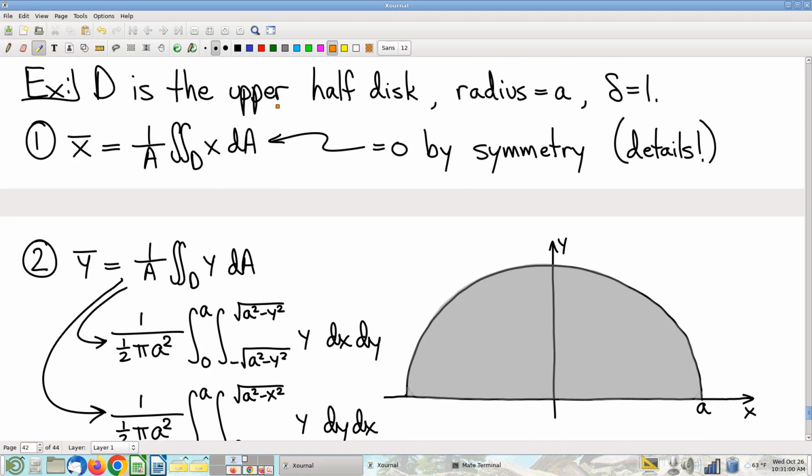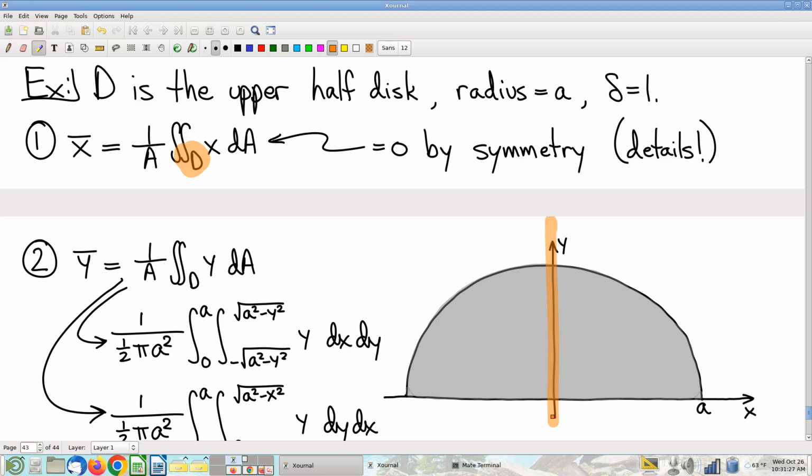Again, I want to remind you, the best method will not always announce itself. Part of your job is to be constantly rooting around in your toolbox to find the best tool that I can use in this circumstance. And this one, we'll notice that the domain is symmetric over the y-axis.